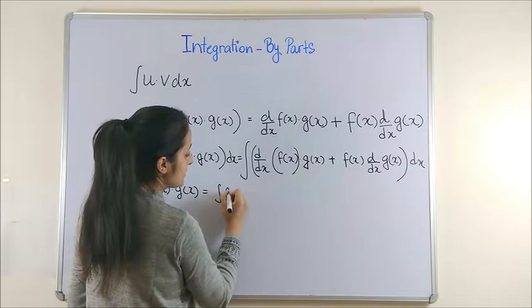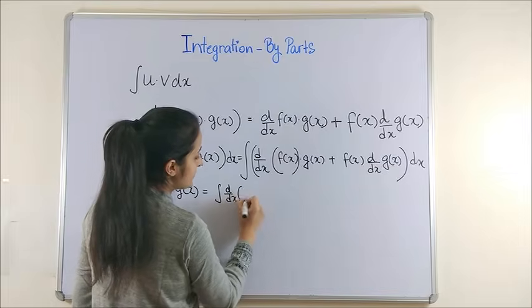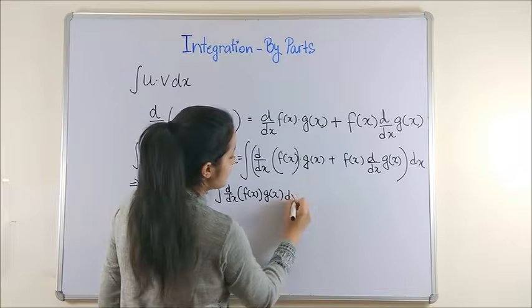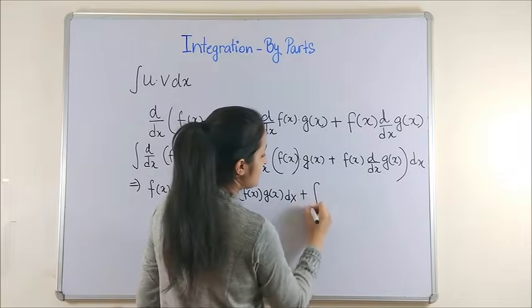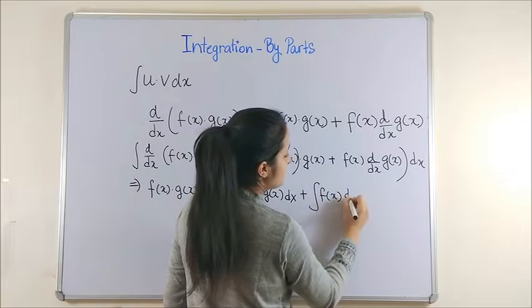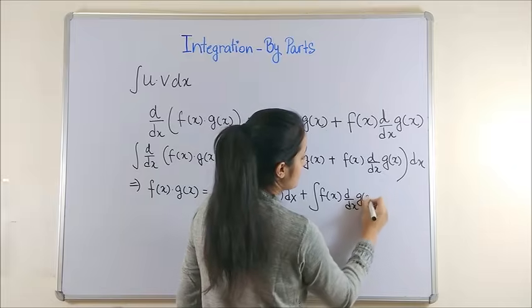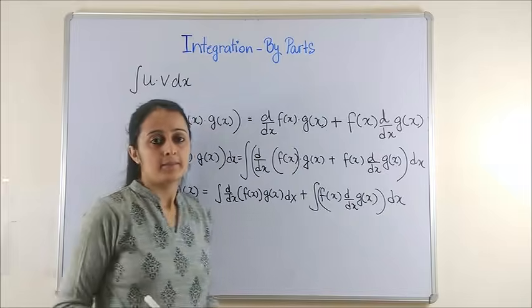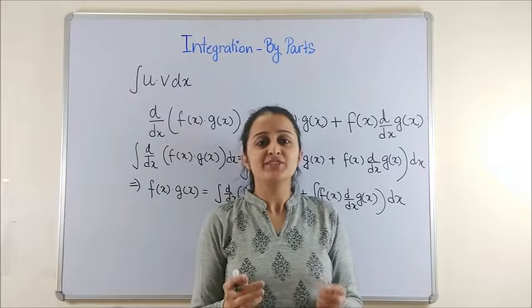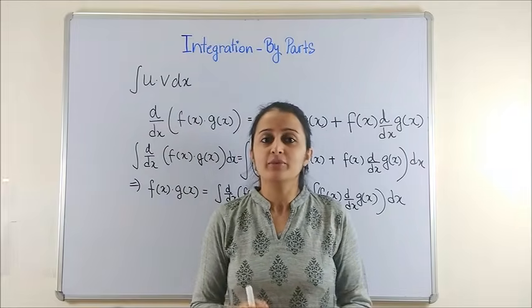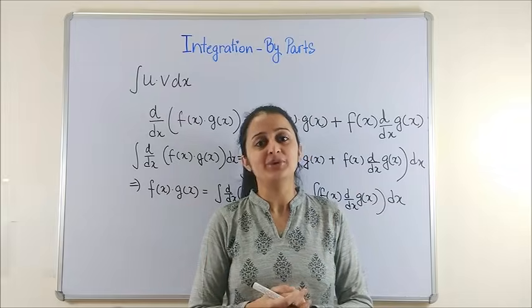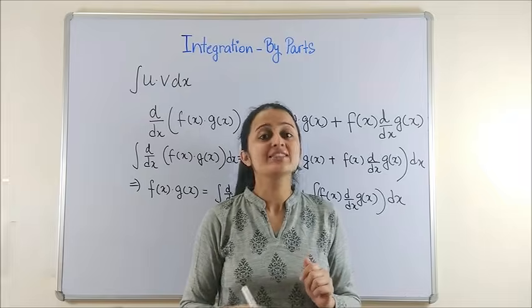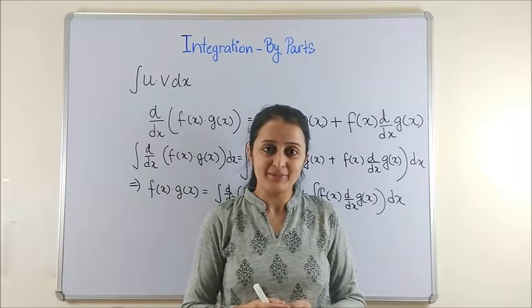So this becomes the integral of d by dx of f(x) into g(x) dx, plus the integral of f(x) into d by dx of g(x), whole dx. In order to understand these rules better, please check out the video on Introduction to Integration. Once again, the link is available in the description box as well as by clicking the I button.